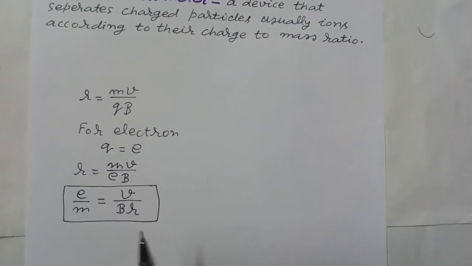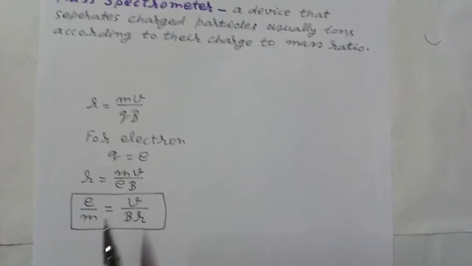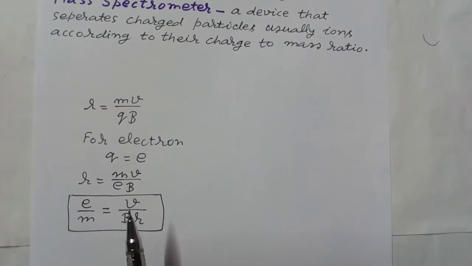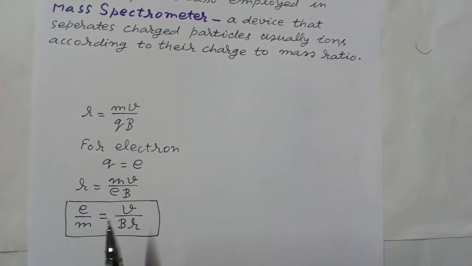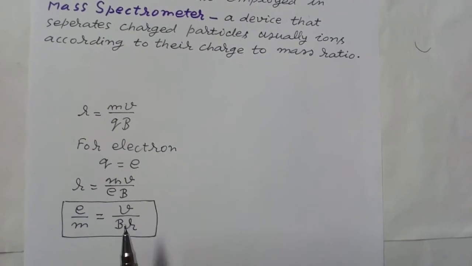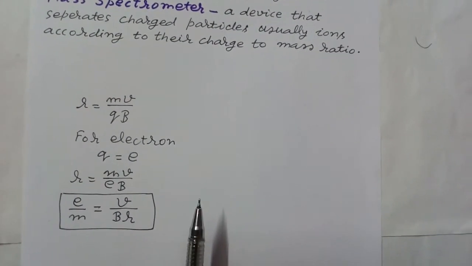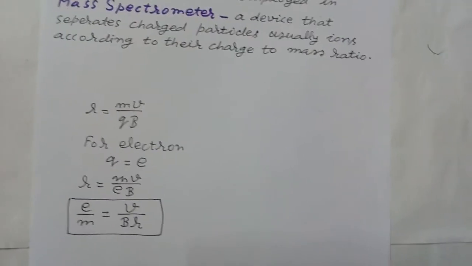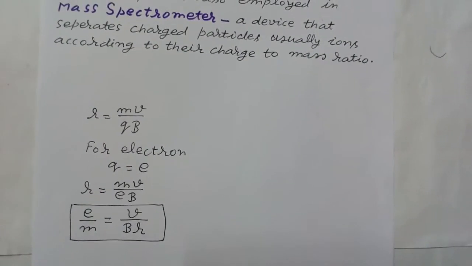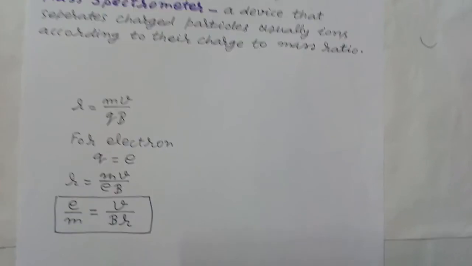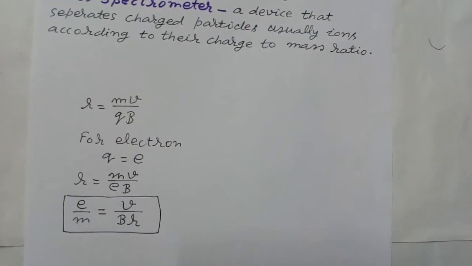First he passed the cathode rays, which are fast moving electrons, through a magnetic field. Electric field was absent, and by noting the deflection he calculated the radius of circular path of charged particle when it moves in magnetic field.